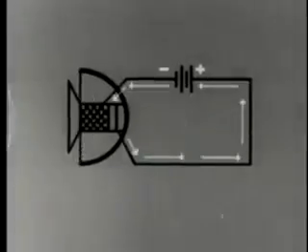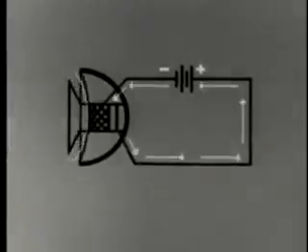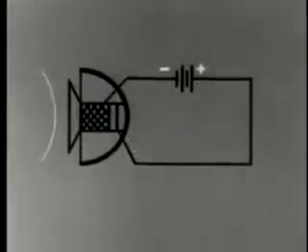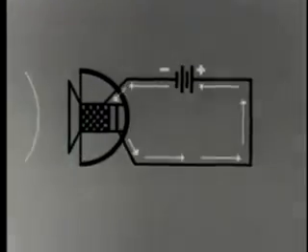Sound waves striking the diaphragm compress loose carbon granules in the carbon transmitter. This lessens their resistance and allows more electrons to flow in the circuit. Our voice is therefore carried by a pulsating direct current pushed by the strength of our battery.